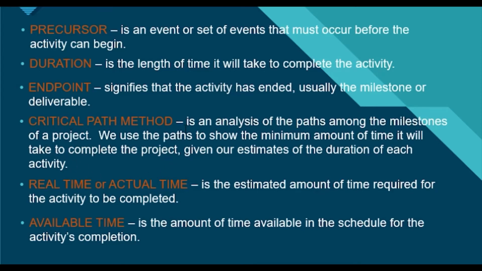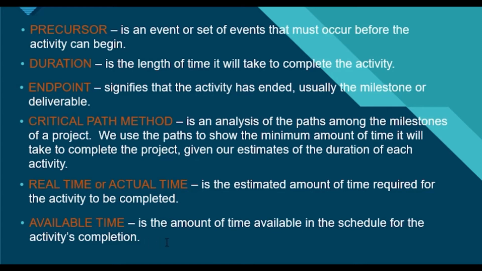Critical path method is an analysis of the paths among the milestones of a project. We use the paths to show the minimum amount of time it will take to complete the project, given our estimates of the duration of each activity. Real time, or actual time, is the estimated amount of time required for the activity to be completed.